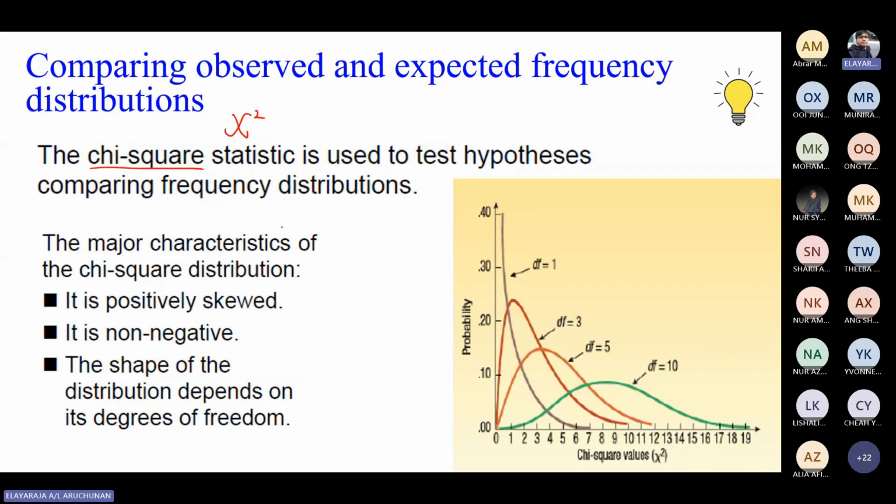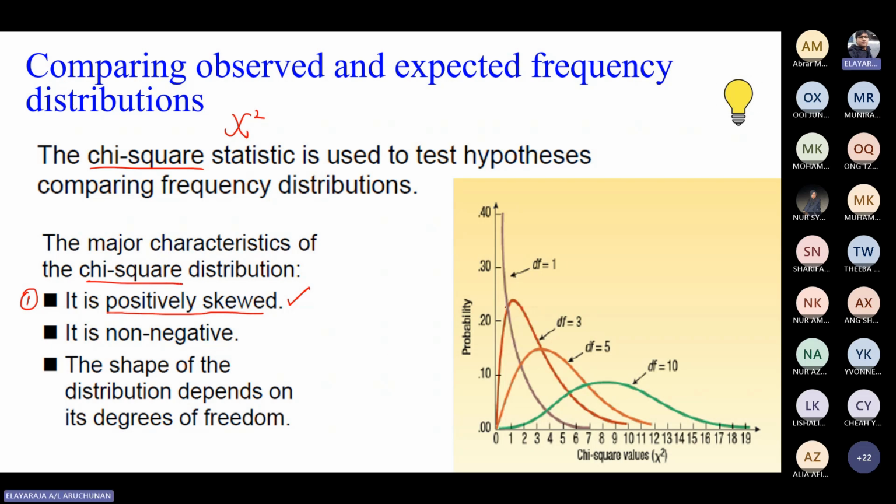Now let's see the major characteristics of the chi-square distribution. First, you need to know that the chi-square is positively skewed. This is one of the characteristics of the chi-square distribution.